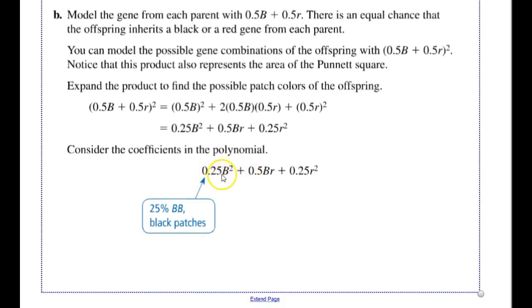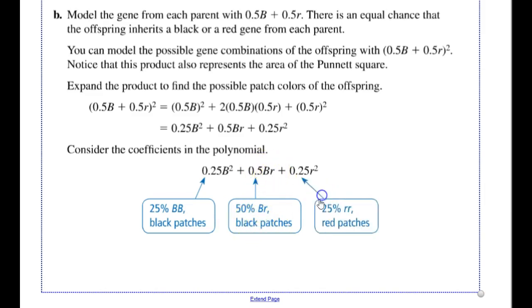So this tells me that 25%, right, that was 0.25. To turn it to percent, I move the decimal 2 places. But 25% of the children of these 2 dogs will have this genetic makeup, BB, and will have black patches. 50% will have black patches but have a capital B and a little r, and then 25% will have both of the little r's, so they will have red patches.